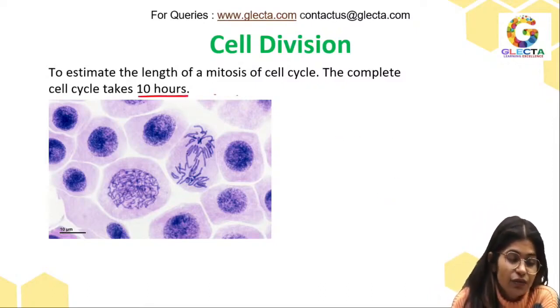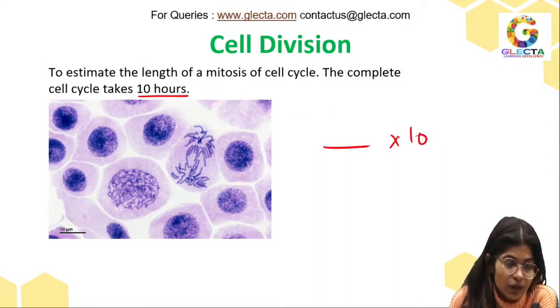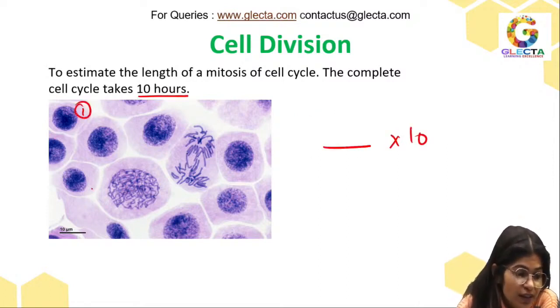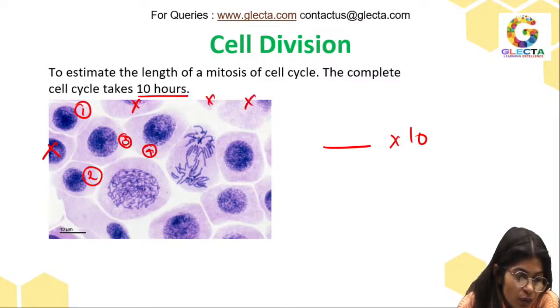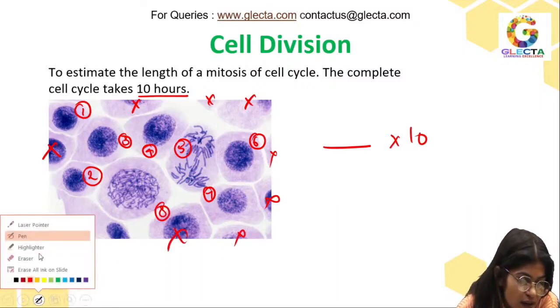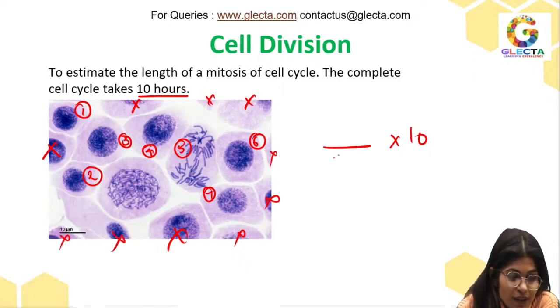So the cycle takes 10 hours, so times 10. Total number of cells. 1, the nucleus is in. 2, in. No. 3, no. 4, no. 5, 6, no. 7, no. 8, no. The nucleus is out. Which means I have like 7 cells, out of which this 5th is definitely in cell division.